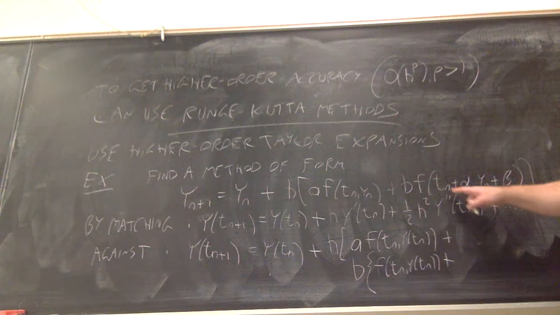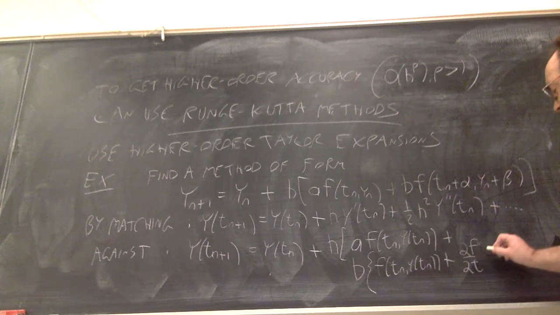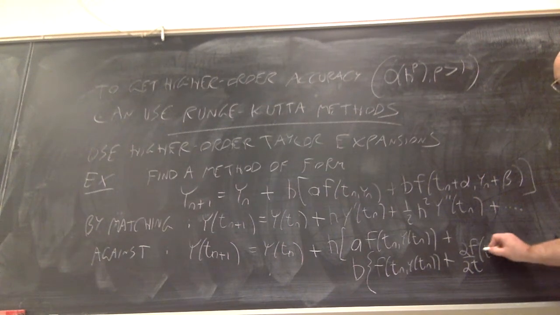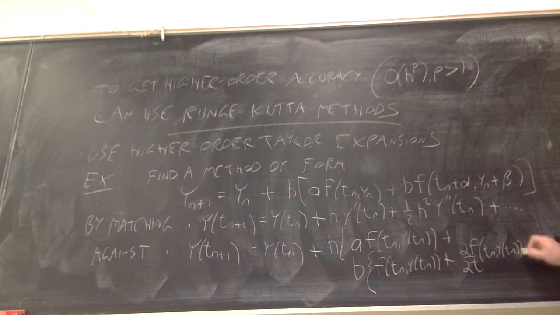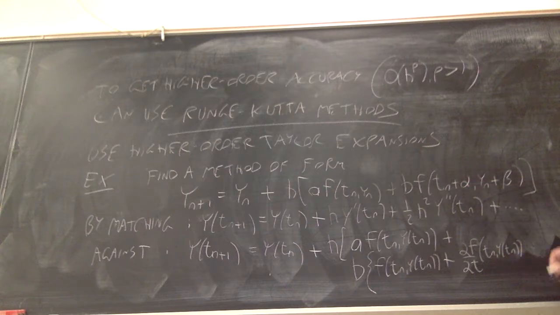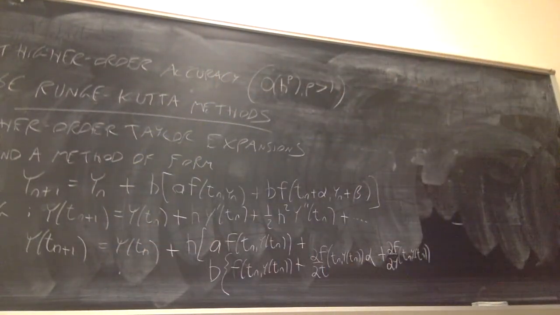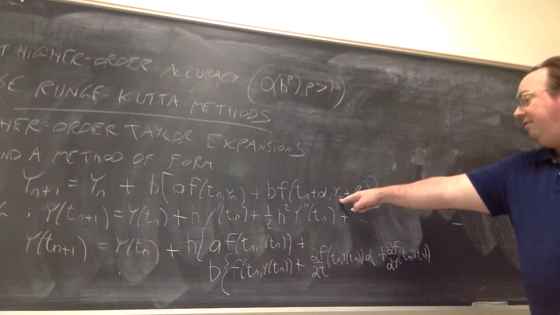So I would have partial of f with respect to t at tn, y of tn, times the change in t, which is alpha, plus partial of f with respect to y at tn, y of tn, times the change in your y variable.